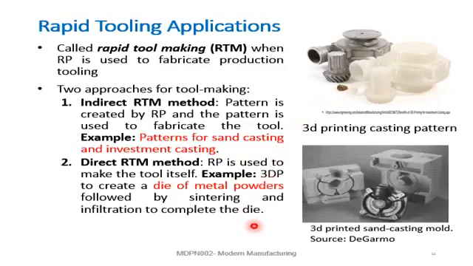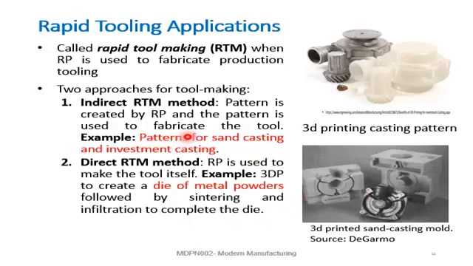Here, for instance, we have a mold. The mold itself has been created by 3D printing. In that case, from metal powder, we can create a 3D printed die, and we allow this to be sintered, as I said before, by heating. It becomes very strong, and in that case, it can be used for direct production.